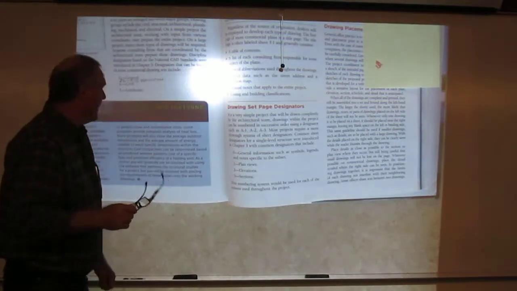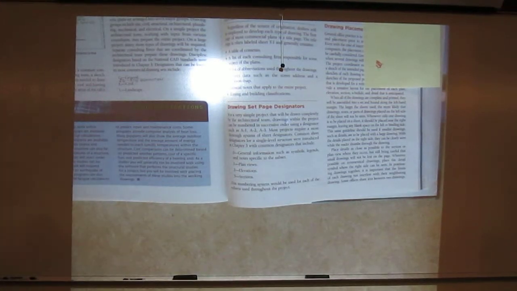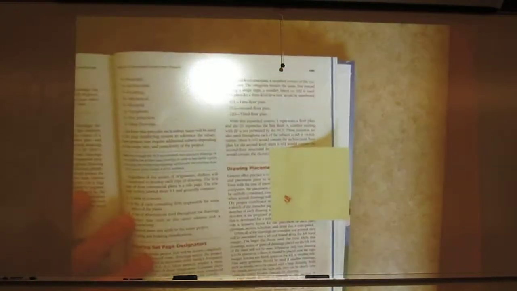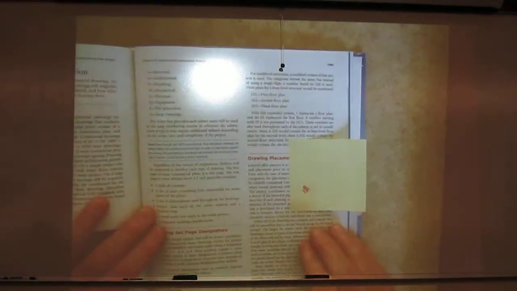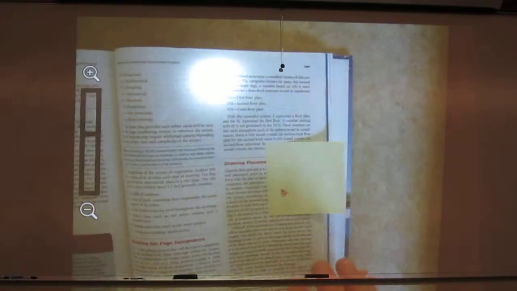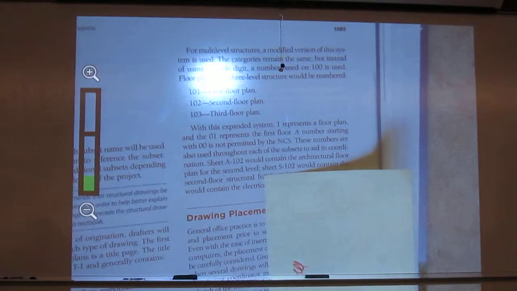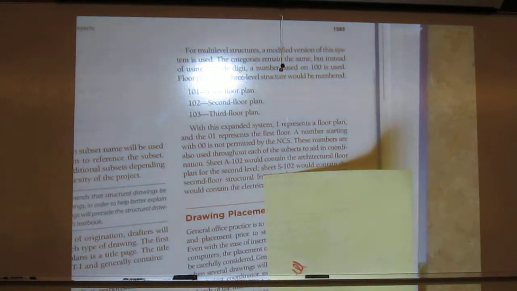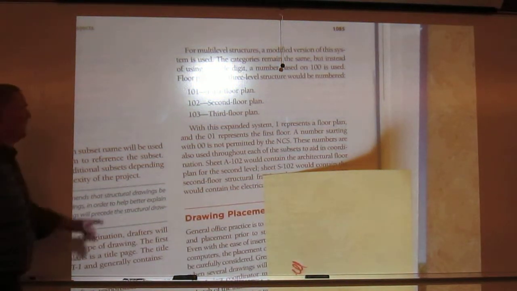Now, in addition to that, if you go to the top of that same page, we have a little more naming convention, where we start naming floors with the other conventions, such as 01, 02, 03 for the floor plan that they use here.